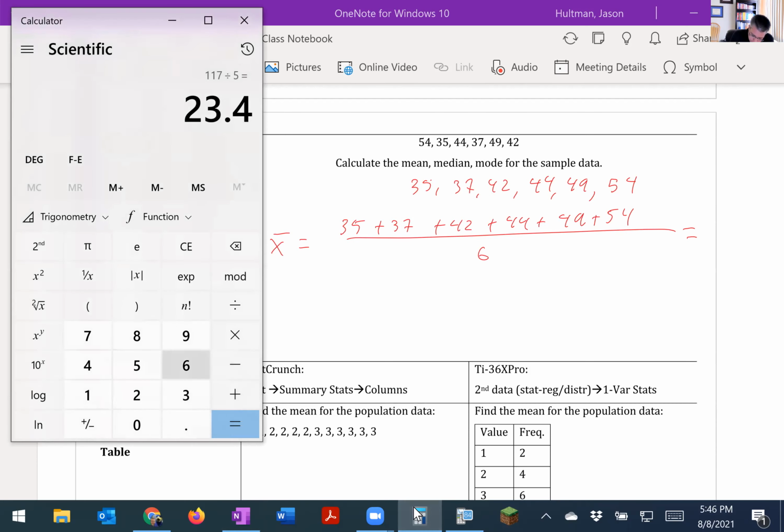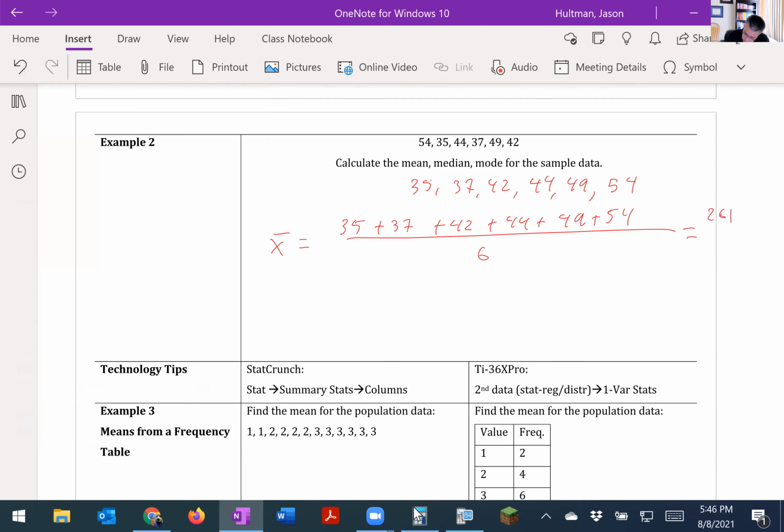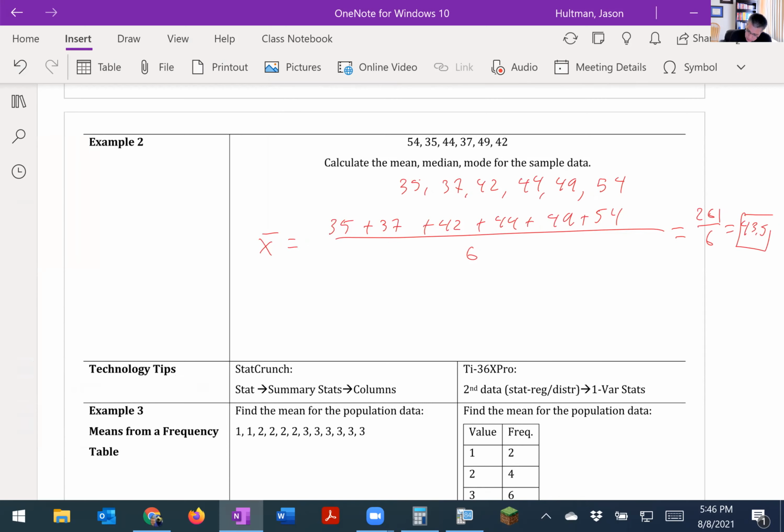It's 261. Divide that by 6, and I get 43.5. So this is 261 over 6, or 43.5. That's the mean.